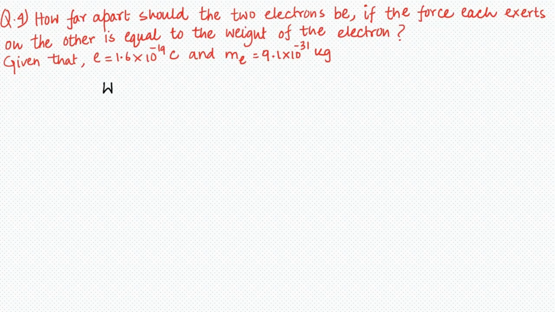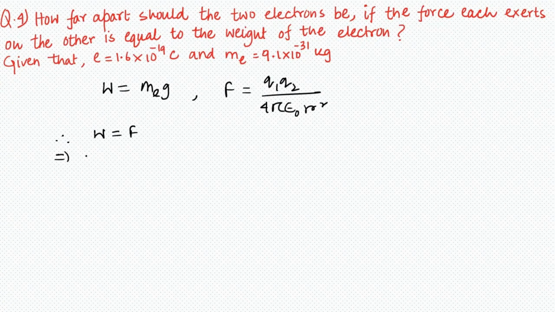So the weight of the electron is Me into g, and the force, that means Coulomb force, is equal to Q1 Q2 by 4 pi epsilon naught r square. So W is equal to F. So Me g is equal to Q1 Q2 by 4 pi epsilon naught r square.